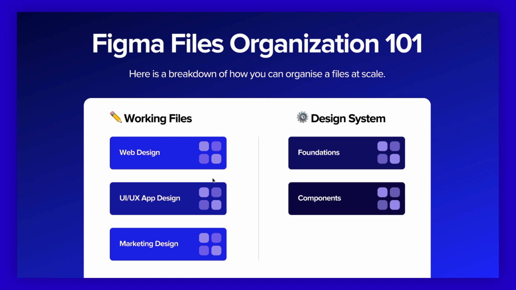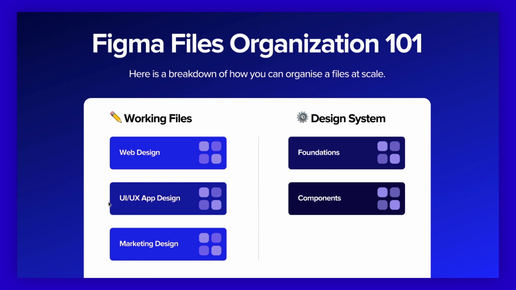Divide these into different files and really think through what the use cases are and what makes more sense. Usually it's going to be a file, for example, for the website, another file for UI, UX apps.